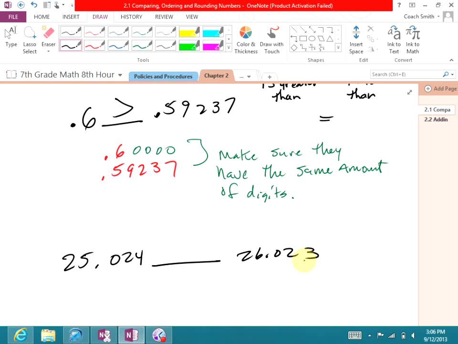Haley, Shields, which one's larger? Yes, 26.023. Okay, so we put the is less than sign in the blank.